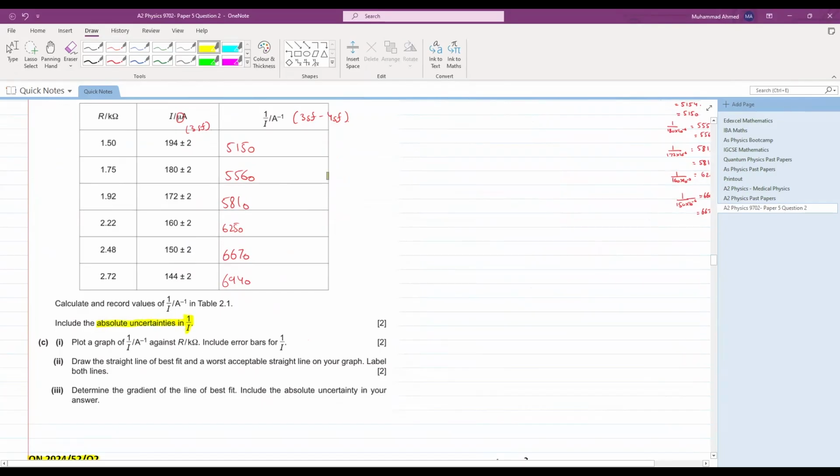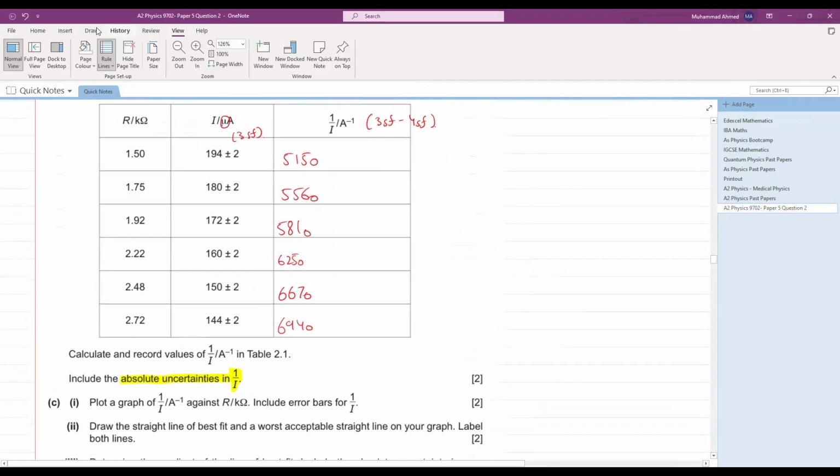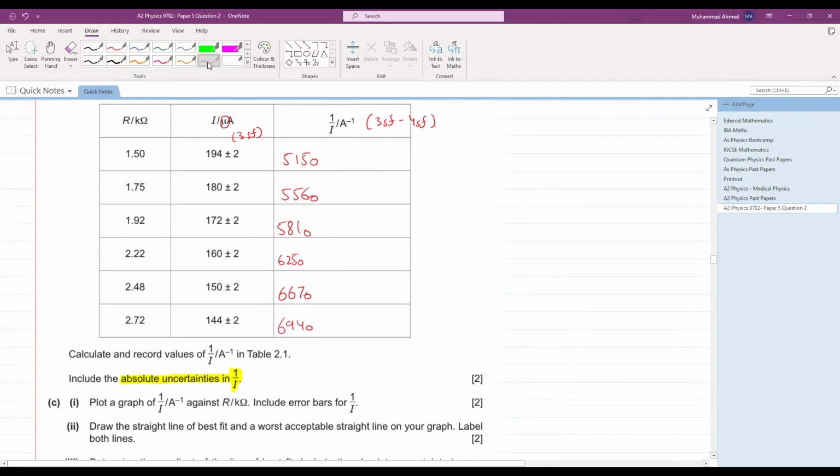You have to realize one very simple fact. What is 1 over I made of? 1 over I is made of a variable known as current, or I. So you can say that the absolute uncertainty in 1 over I divided by 1 over I is equal to the absolute uncertainty of current divided by the actual value of current.